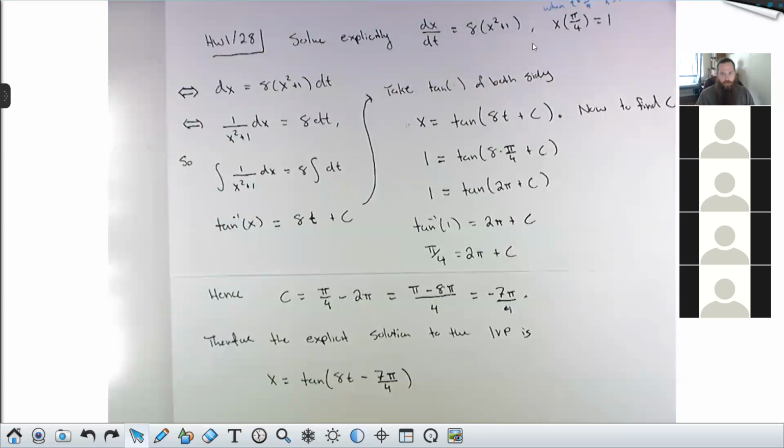There should be a single unique solution, meaning there should not be more than one value of c which works. So the value of c that we got, which is the same value of c you would get if you just went straight from here, is the correct one. And the other values of c that you could get by thinking about this equation using the periodicity of tangent would not be correct. Interesting thing.